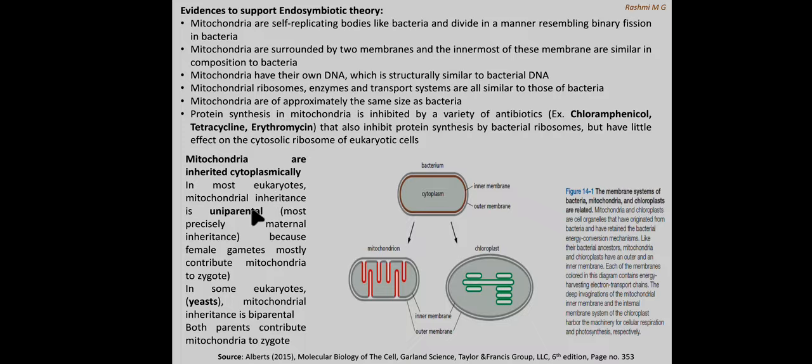In most eukaryotes, mitochondrial inheritance is uniparental, most precisely maternal inheritance, so the female gametes contribute the mitochondria to the zygote. In some eukaryotes, mitochondrial inheritance is biparental: both parents contribute mitochondria to the zygote. So remember this point, mitochondria are inherited cytoplasmically.